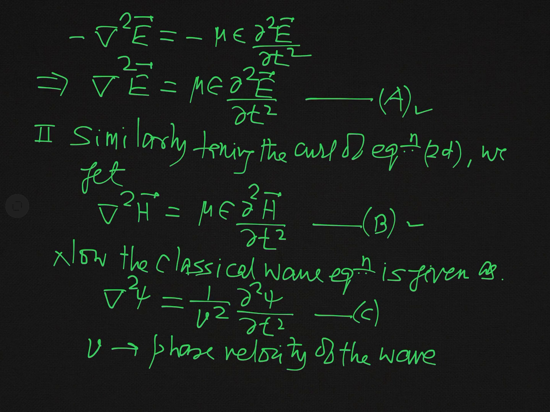So you can see, if we compare equations A or B with equation C, we find that equations A and B are simply the classical wave equation, and in equation A the wave function is the electric field vector E, and in equation B the wave function psi means the magnetic intensity H.